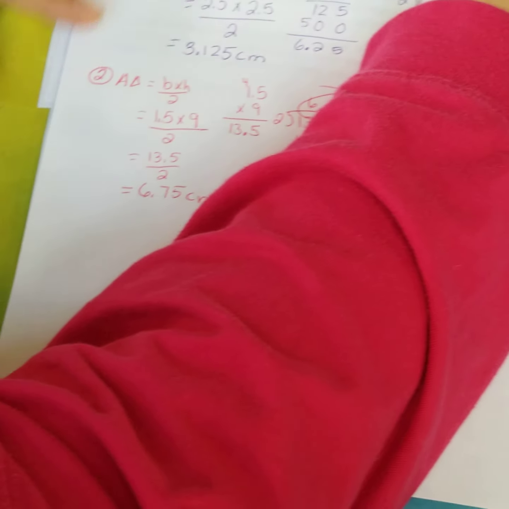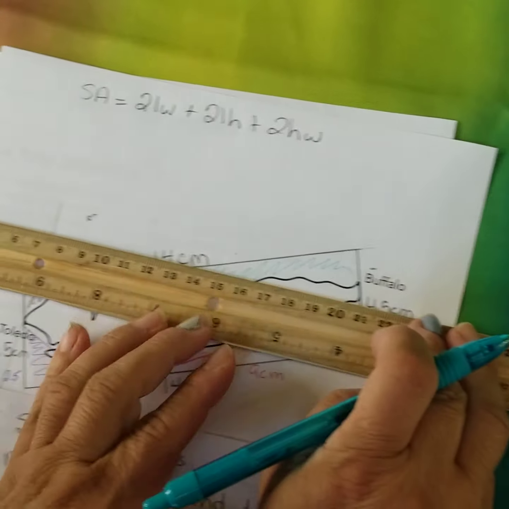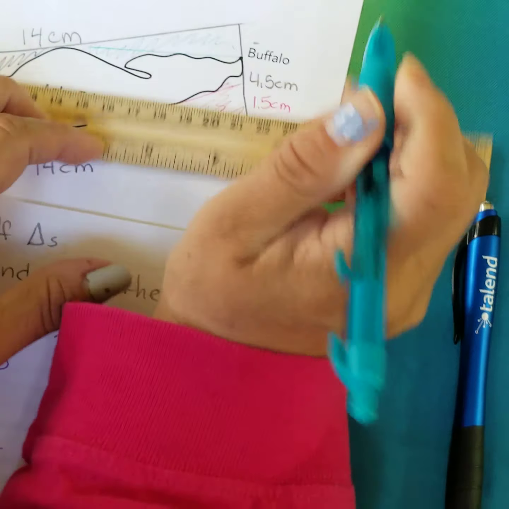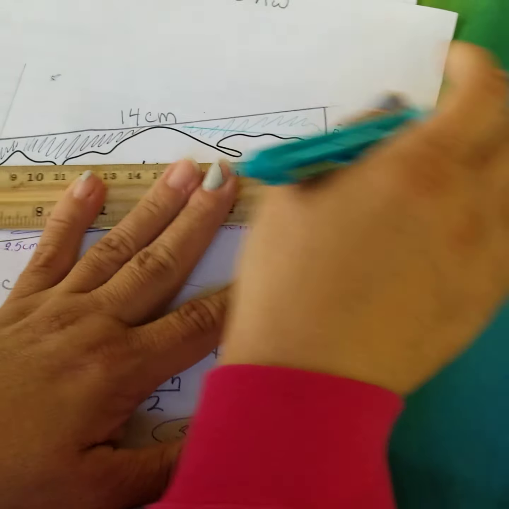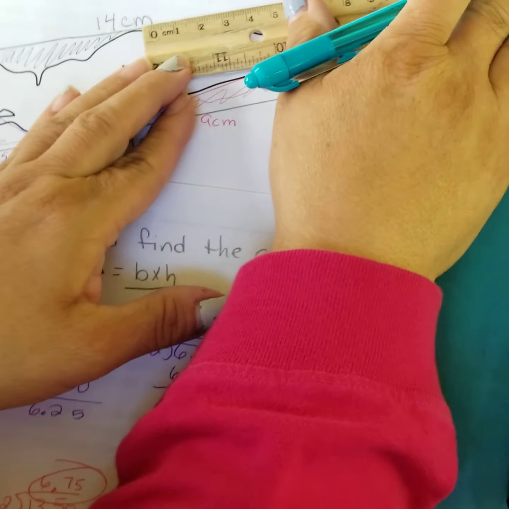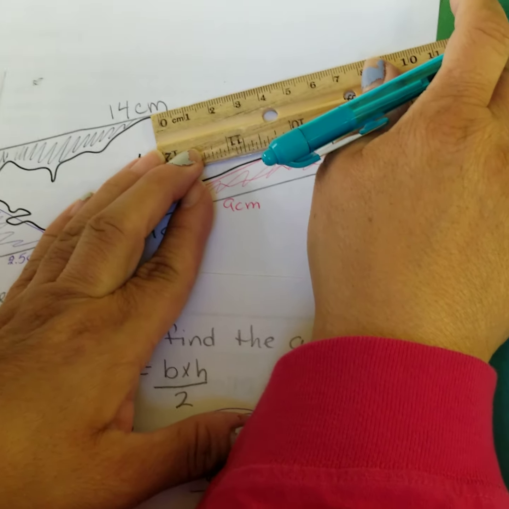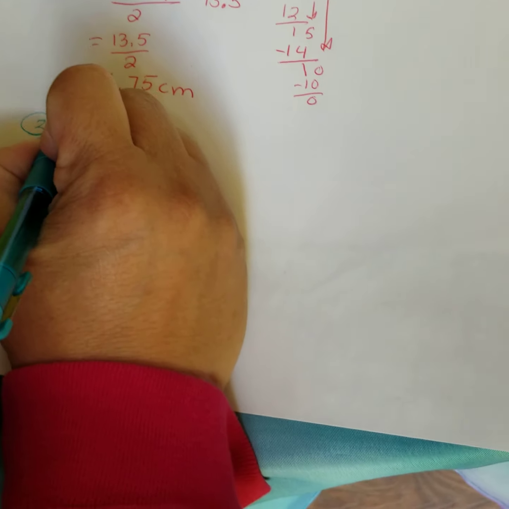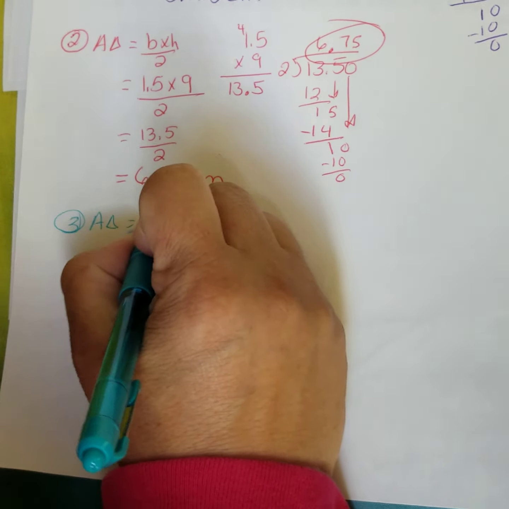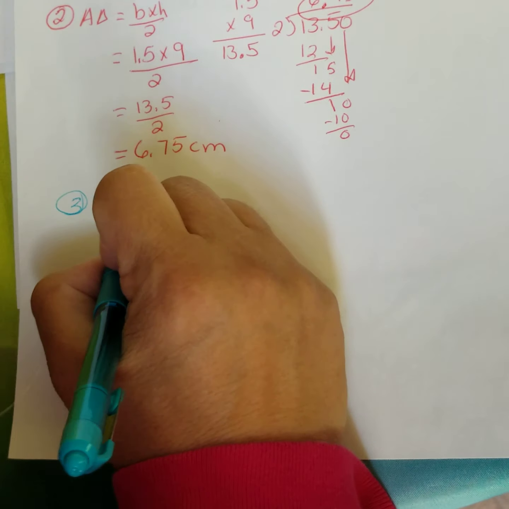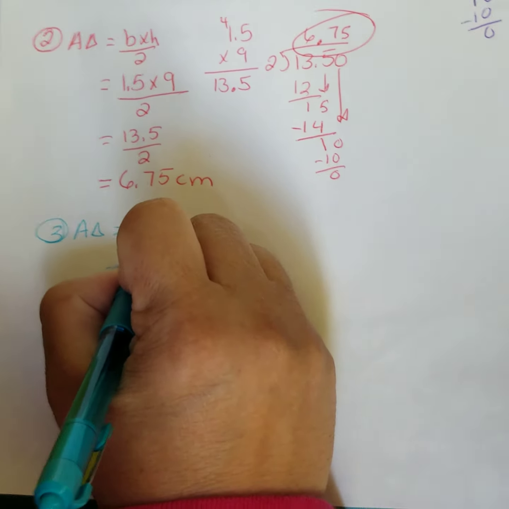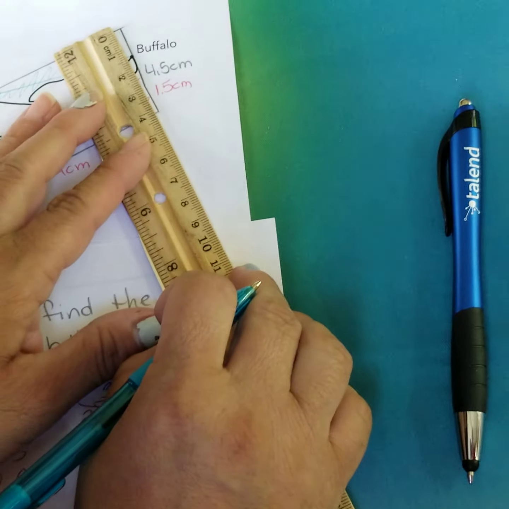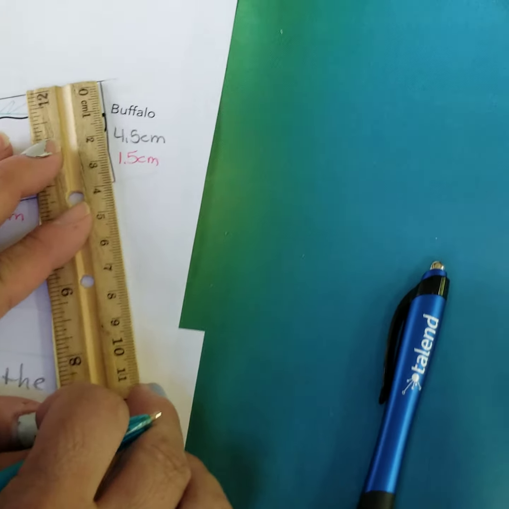All right, let's try this triangle up here. We have to make it here. Okay? So our height is 6.5 times, this is 1 centimeter.